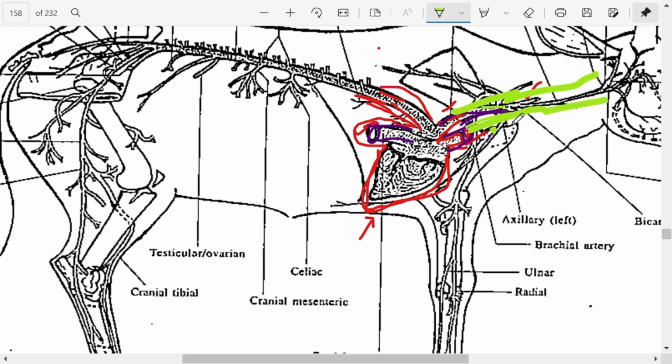This is the brachiocephalic trunk, which gives the blood supply to the head region as well as the forelimbs. And this is the aorta, which originates from the left ventricle, and it gives the supply to the lower part of the body, or caudal part of the body, and the hind limbs.